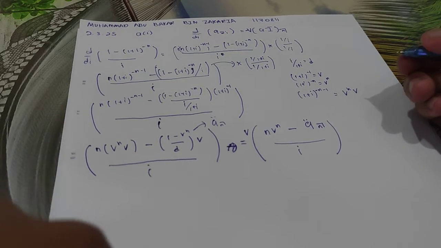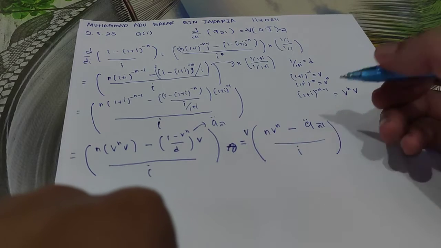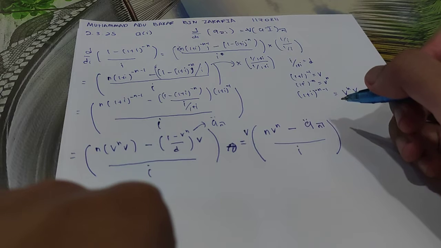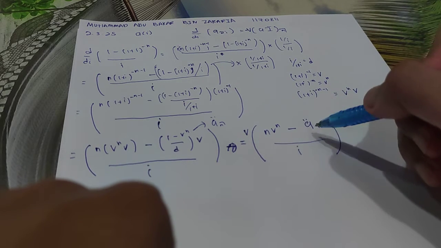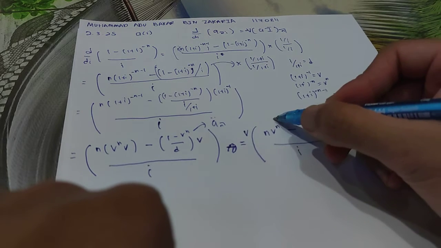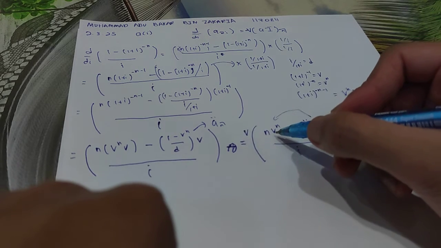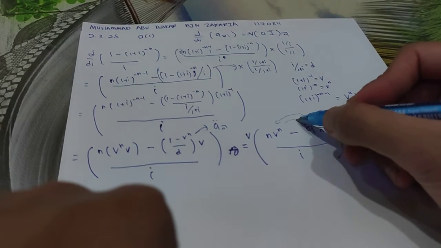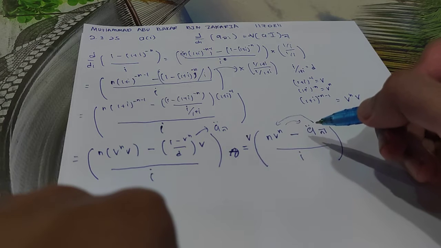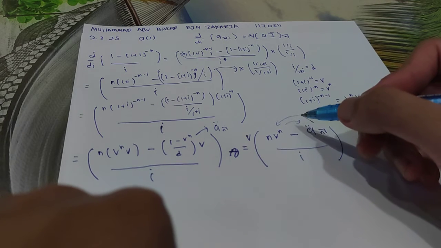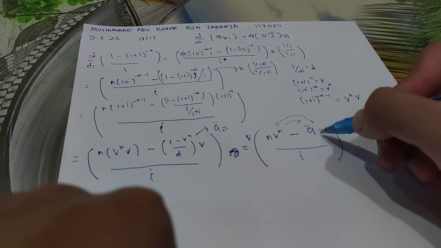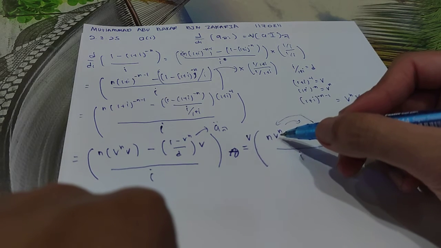From the formula of the increasing annuity-immediate, there is annuity-due on this side and v to the n on this side. The sign for annuity-due is positive and v to the n is negative.